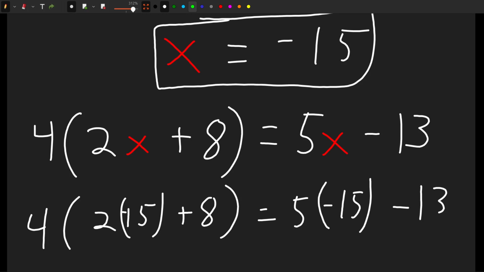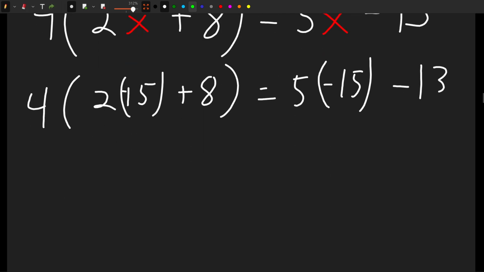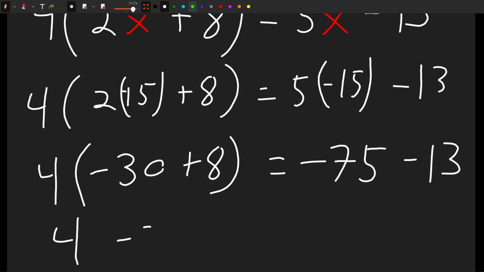Okay, now I'm going to multiply 2 times negative 15 together, and I'm going to get negative 30 plus 8, all inside parentheses, multiplied by 4. On the right-hand side, I'm going to get negative 75 minus 13. Simplifying what's inside the parentheses first, on the left-hand side, we get 4 times negative 22.